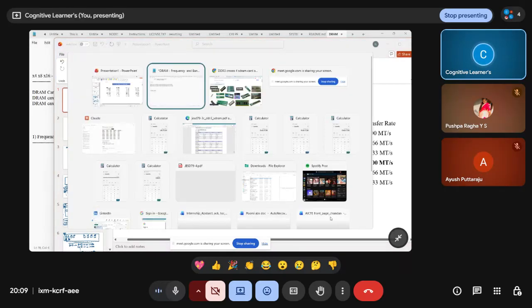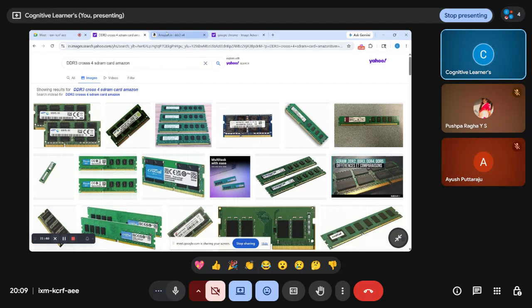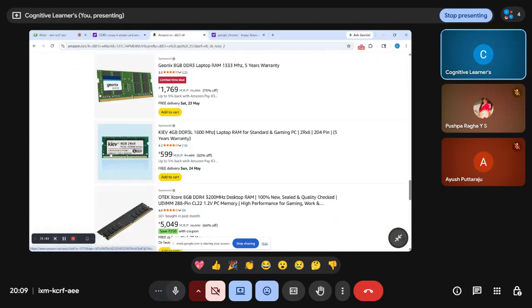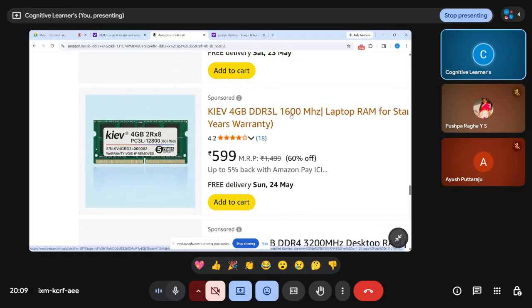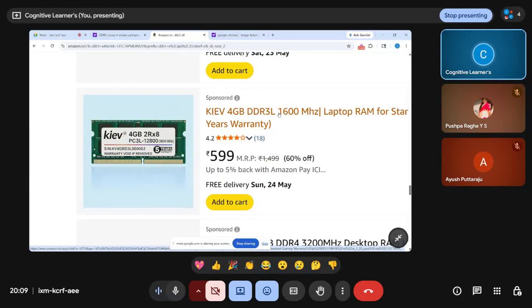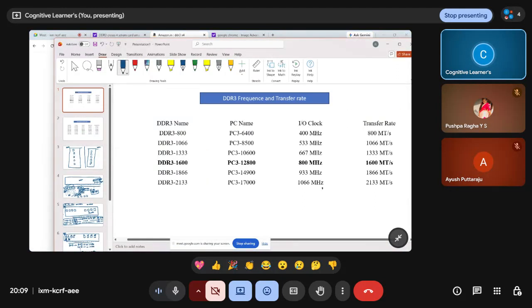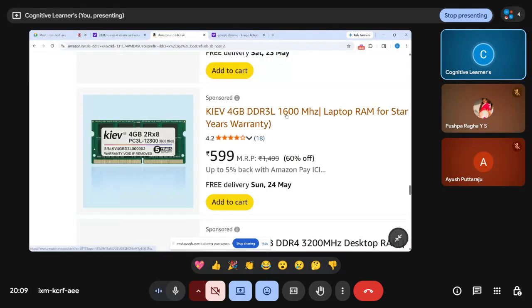First I will show one card. Yes, that is DDR3 1600. That is a mega transfer number only. That is not a frequency, it is for labeling. The last frequency of DDR3 is 1066, but here it is 1600.